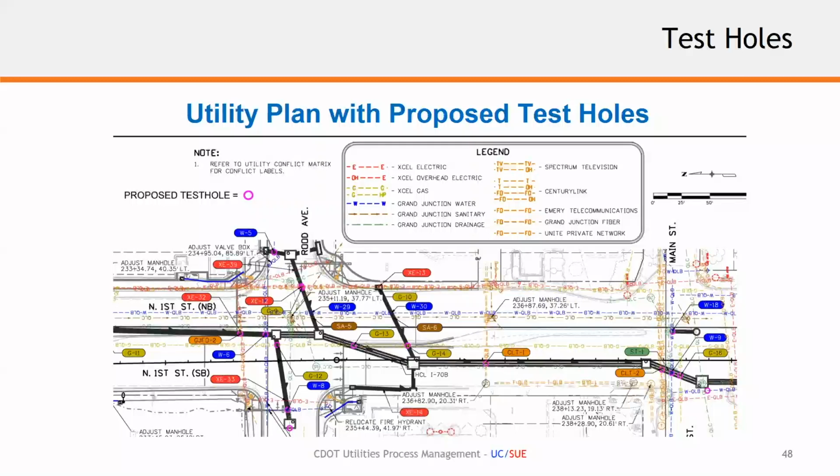And in the slide, you'll note, obviously not every proposed conflict has a need for a test hole. An example of that may be sanitary 5 or sanitary 6, the brown SA5, SA6. Since we can pick up the inverts of the pipe, we can interpret where the top of pipe is and identify the conflict without the need for a test hole.